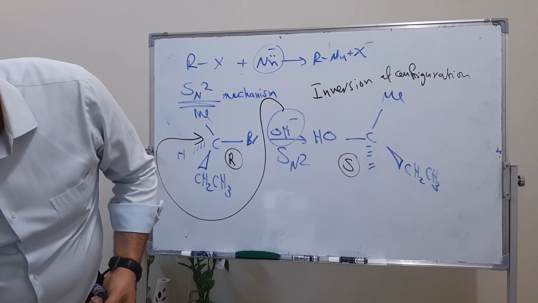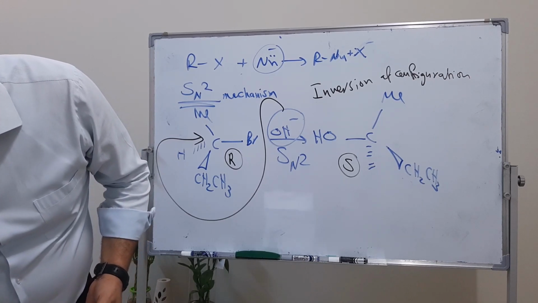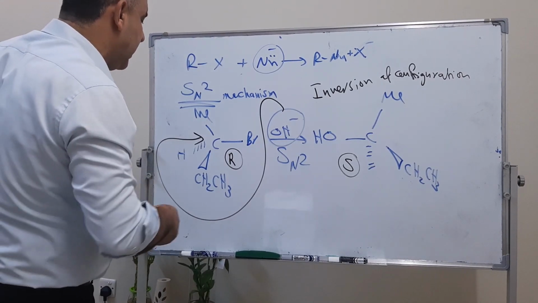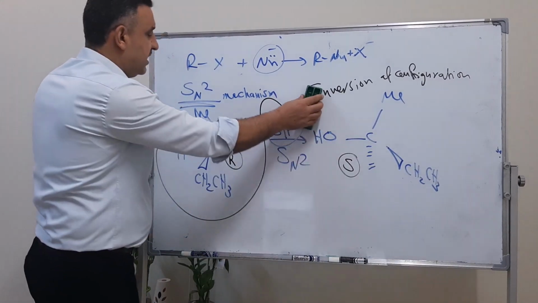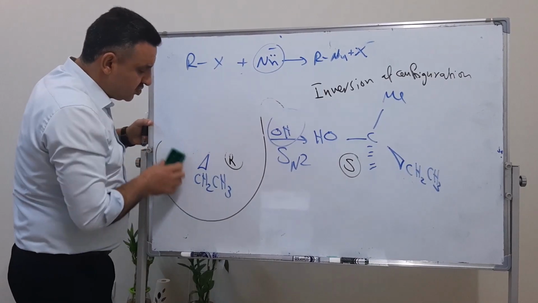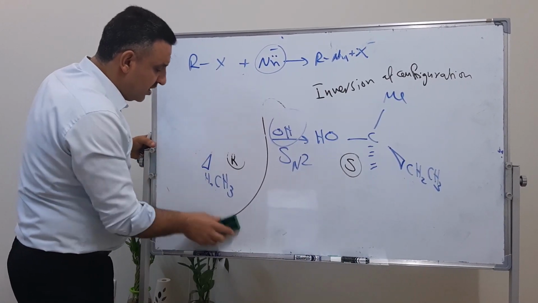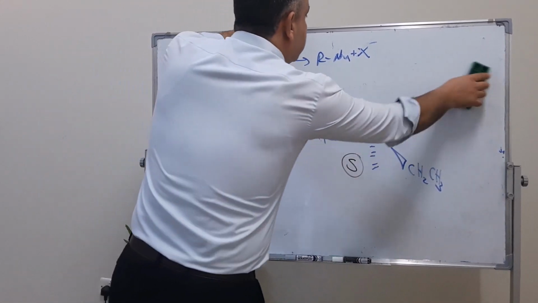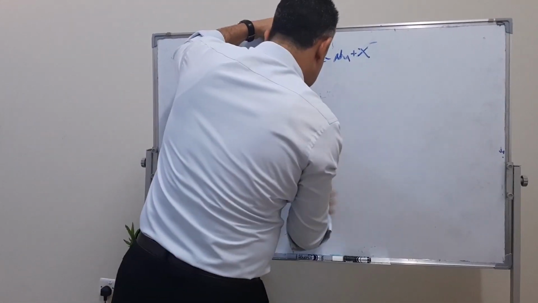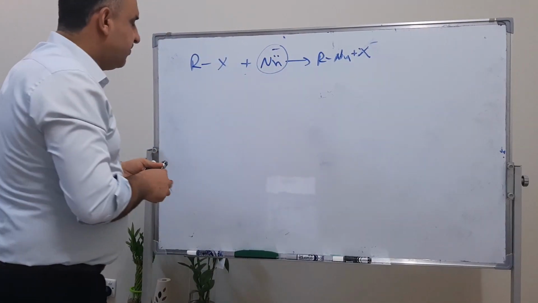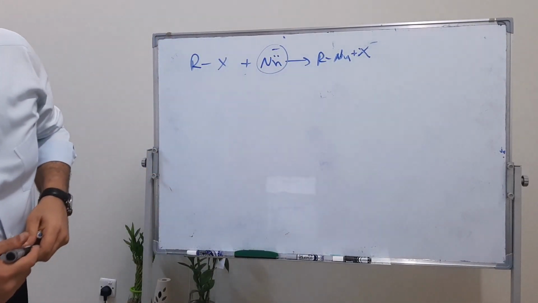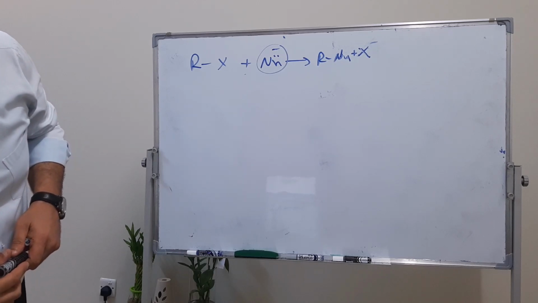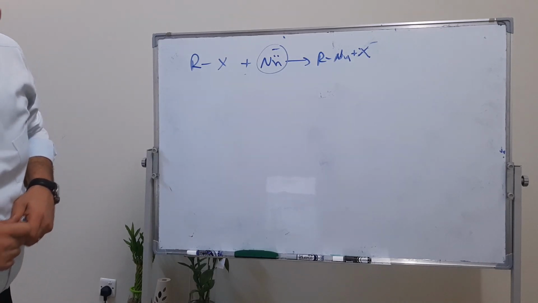All right. Now let's see the order of reactivity, how the different alkyl halides react in this reaction mechanism. Which alkyl halide will react faster, and which one will be preferred more? The rate of reaction, according to what you have here, goes: methyl, primary, secondary, neopentyl, and tertiary.